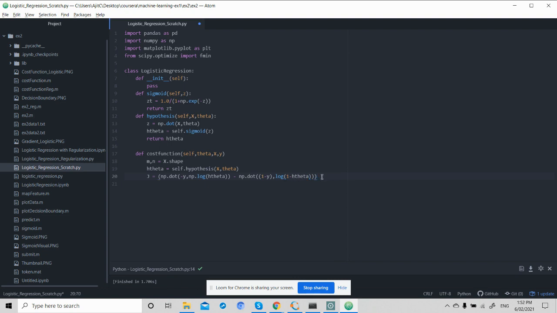If you divide this with respect to m, you will get the cost function. So let's return J.